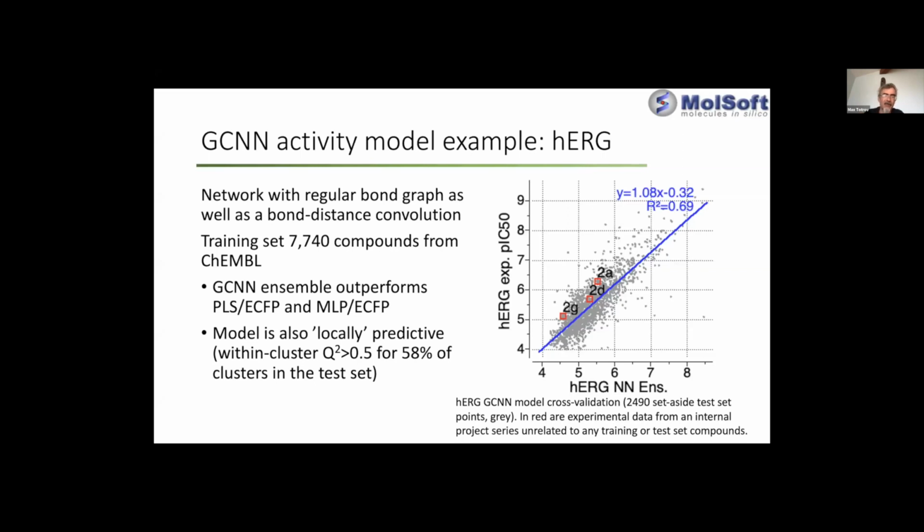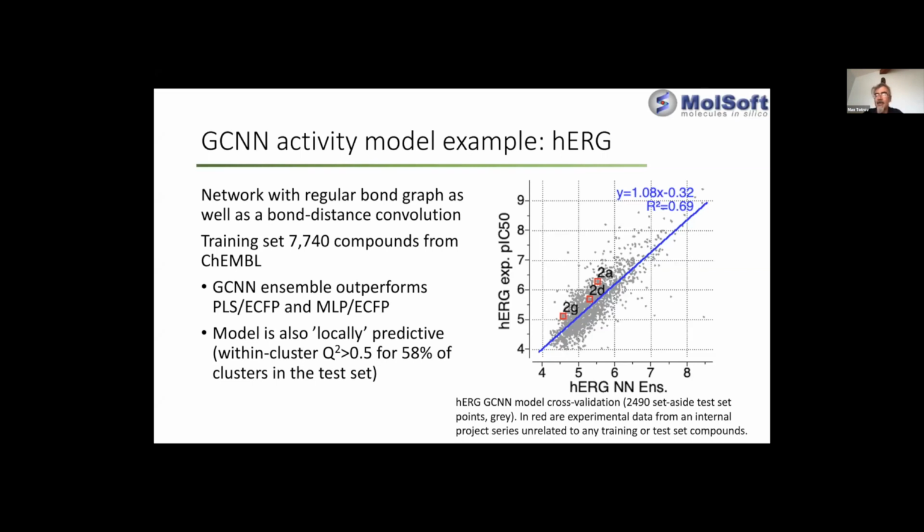Then we added more complex convolutions that propagate farther along the graph, and eventually arrived at this model that is quite good, I believe, about 0.7 R square on the cross-validation set. It was trained on compounds from ChEMBL. The GCNN ensemble outperformed other models, CFP-based, for example. And it was predictive both globally and locally.